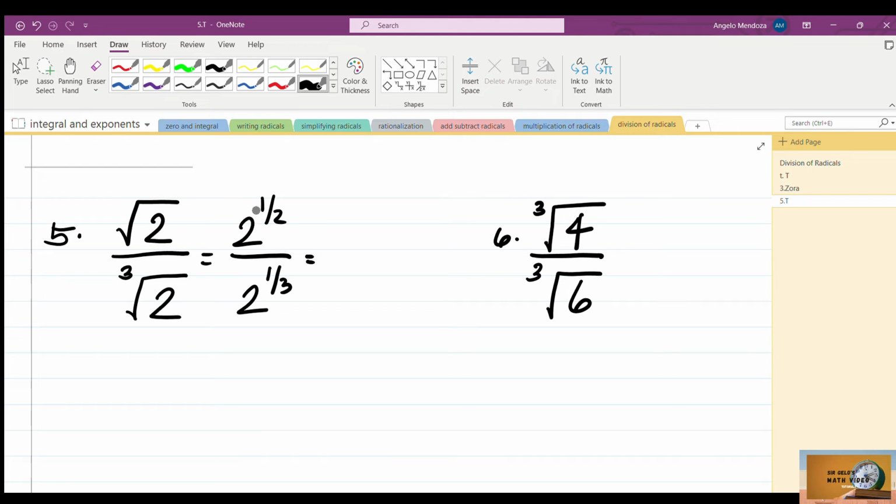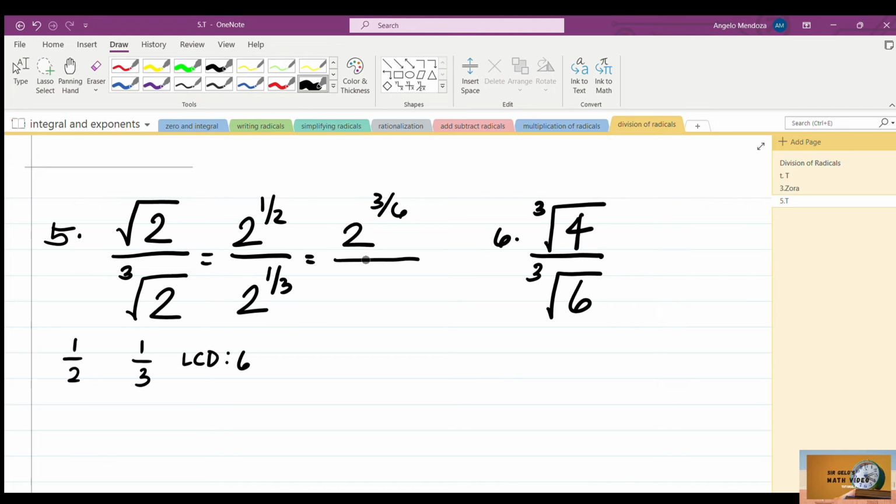So for this, you have 1/2 and 1/3. You have to find the LCD, which is 6. Okay, so you have 6 times 1 divided by 2, so that's 2 raised to 3/6.